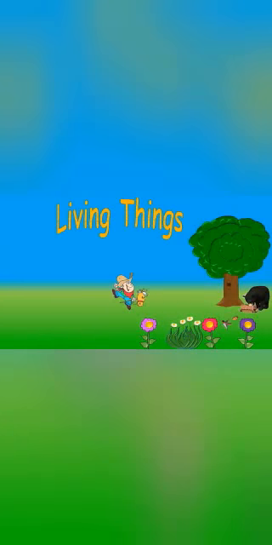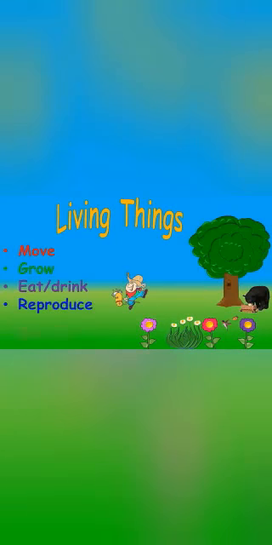Living and non-living things. Living things move, grow, eat, drink, reproduce, and breathe. For example, people, plants, and animals.